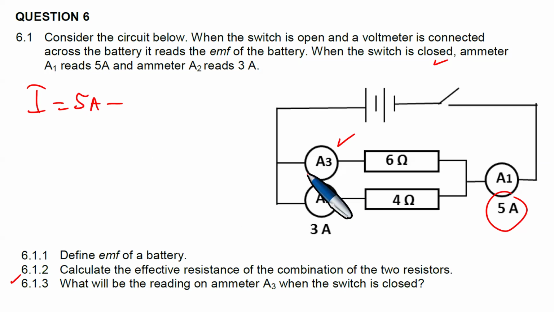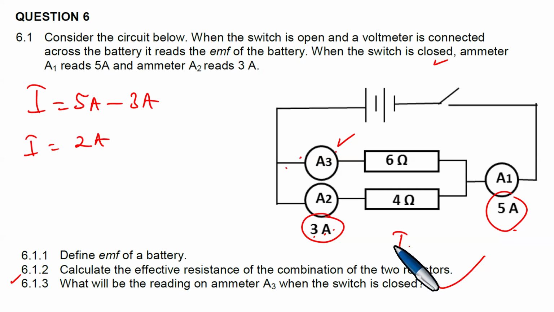To get the current through A3, we subtract the 3 amps, because this one plus that one is 5. So it is 2 amperes, which you add to 3 to get 5. So the current through I3 is 2 amperes. Next question.